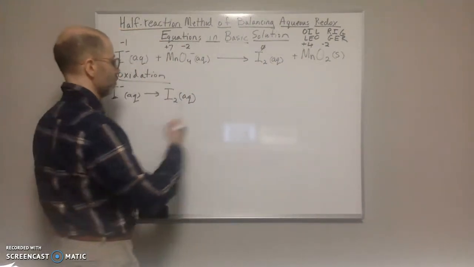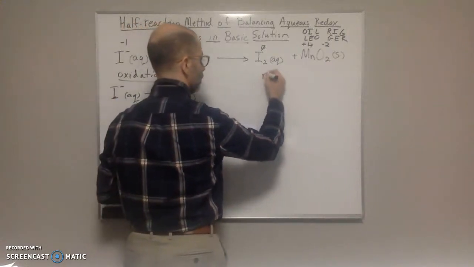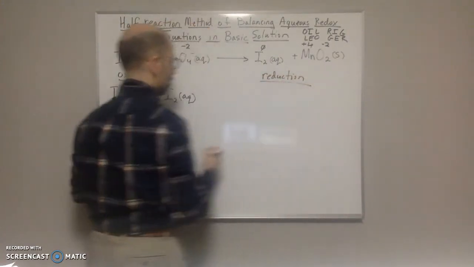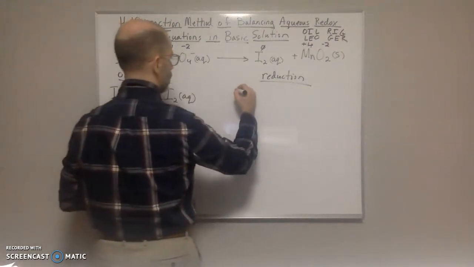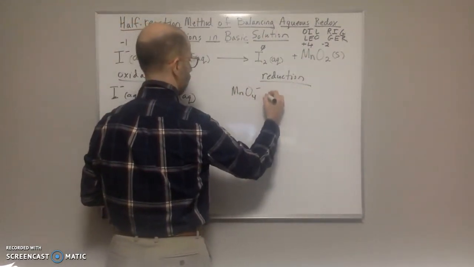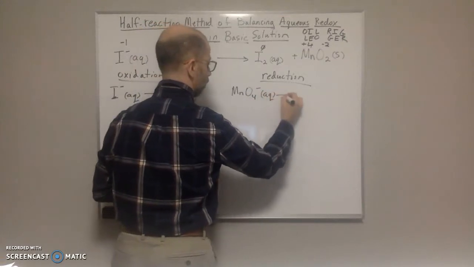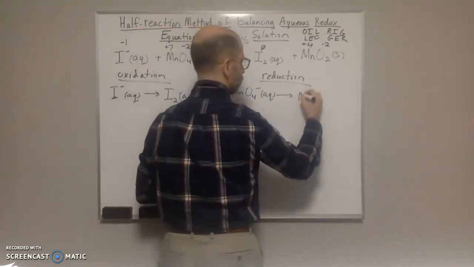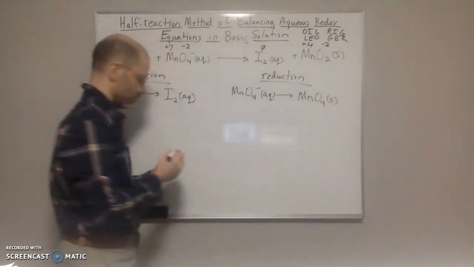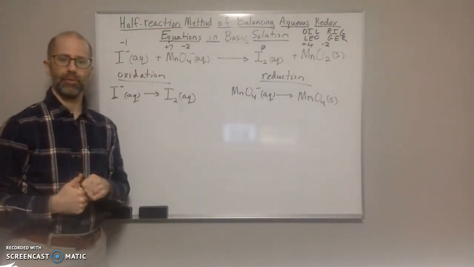So manganese is getting reduced. So that's going to be our reduction half reaction. So we're going to have MnO4- aqueous going to MnO2 solid. Okay, now we have our 2 half reactions.